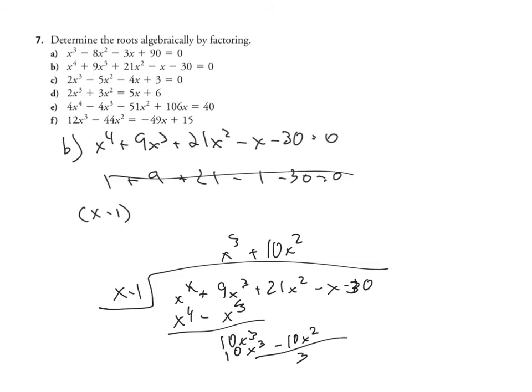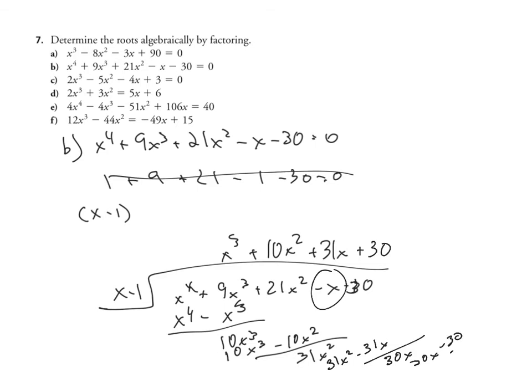You get 31x squared, so plus 31x. Multiply by x minus 1, you got 31x squared minus 31x. This guy minus that guy is 30x. And so you got plus 30, and you got 30x minus 30 and a 0 remainder. Okay, and so this is times x cubed plus 10x squared plus 31x plus 30.